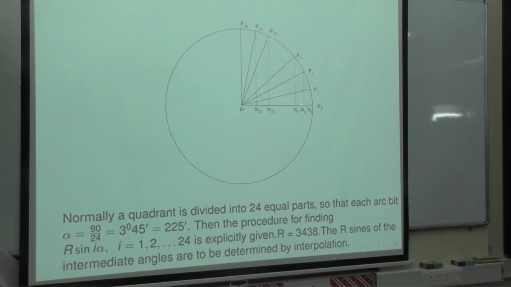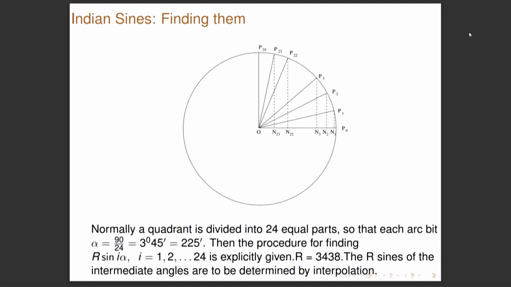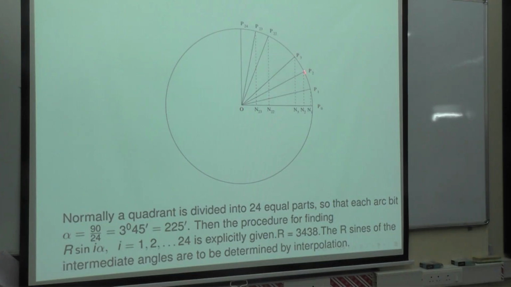Suppose this is P3, this point on the arc. This corresponds to 3 degree 45 minutes into 3, that is the angle, but they always talk about the arc. So this will correspond to 225 into 3, 675 minutes, and at P3 you drop a perpendicular.